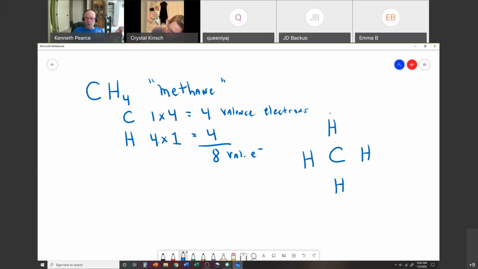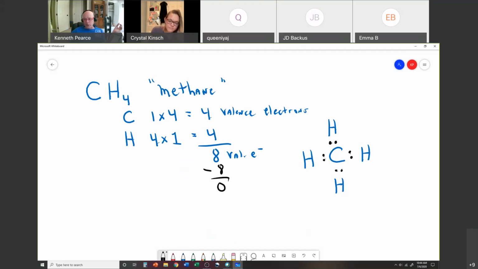A bond is 2 electrons. So here's a bond. We're going to glue them on in a sense, because this is what's holding them on. There we go. We made 2 electrons per bond. We glued on each hydrogen. There's 4 of them. How many electrons did we just put down? We put down 8. We have none left.